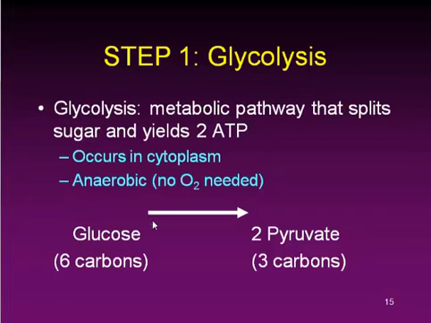You start with a single glucose molecule, and remember, that's a 6-carbon chain. It's a 6-carbon ring. And in the end, you're going to break this 6-carbon ring into 2 3-carbon rings. And this 3-carbon ring is known as pyruvate. That's just the name for this cleaved or split 6-carbon ring, which is now 2 3-carbon rings.